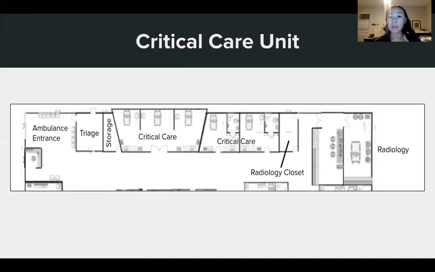Additionally, there will be a separate storage unit for easy access to different equipment and supplies needed by staff in the critical care area, preventing them from having to travel across the ER to the main storage unit. Lastly, this area will contain the radiology room and radiology closet that can be used to screen patients if needed to provide proper diagnosis and improve quality of care.